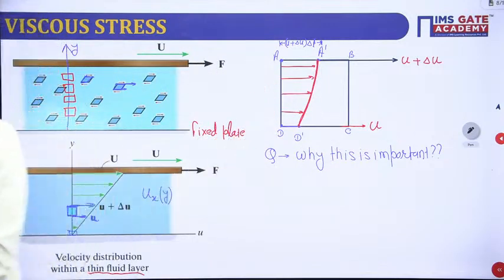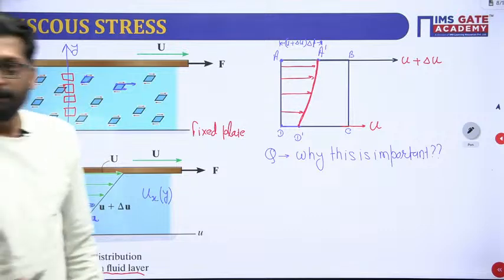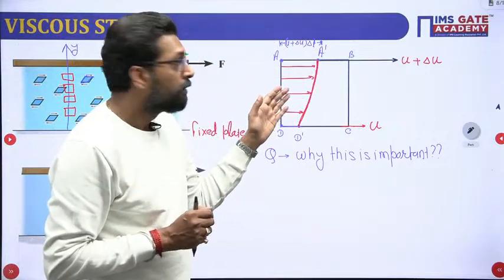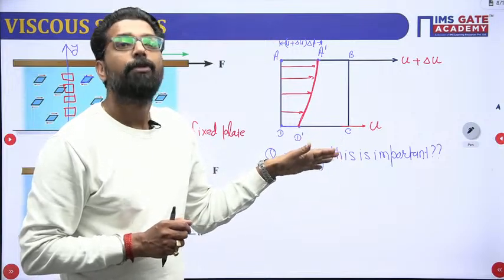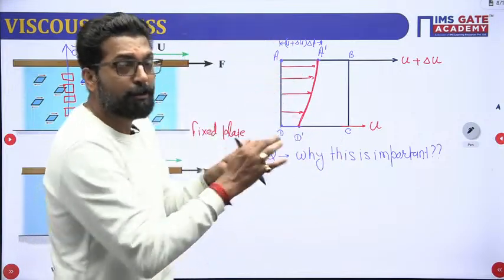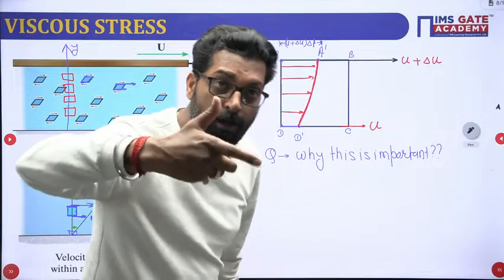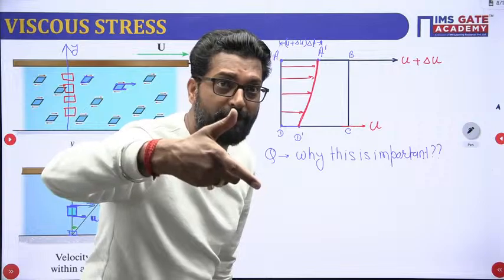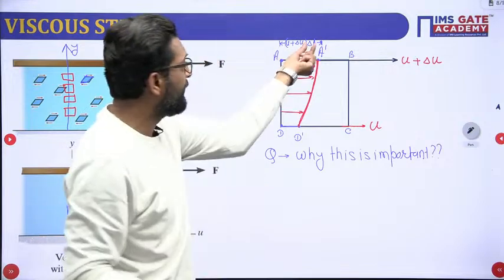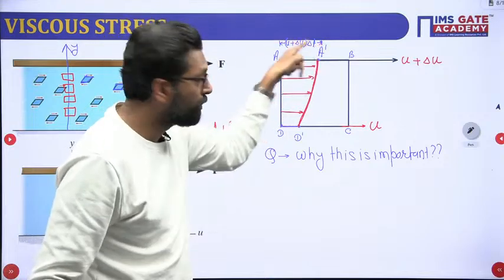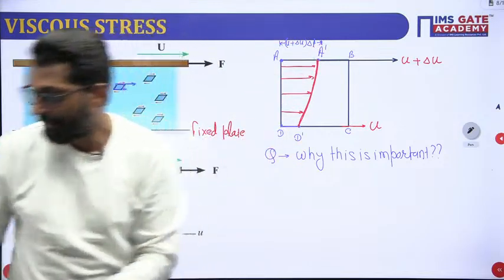This is a very good question. See, why is this important? Because if you define the new position of the fluid, what is the new position? Because it is continuously deforming. If the fluid is continuously deforming, what is the new position of that fluid element after delta t time? There must be this pattern. There must be this concept.